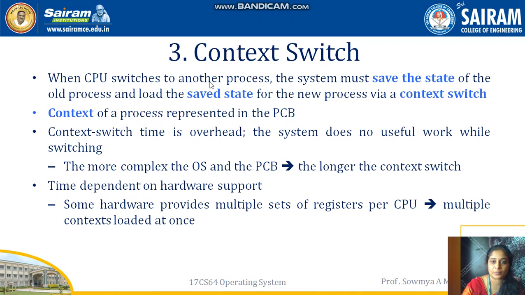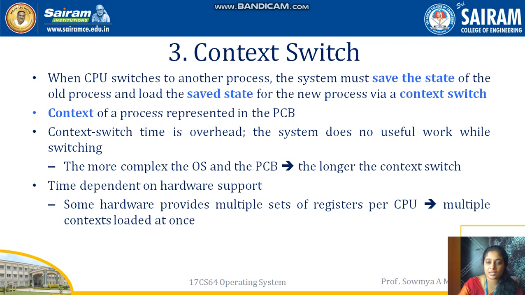So in context switching, first thing, before switching a process from CPU to main memory, or before switching process 1 to process 2, we have to save the state of the old process, then load the saved state of the next process and execute it.